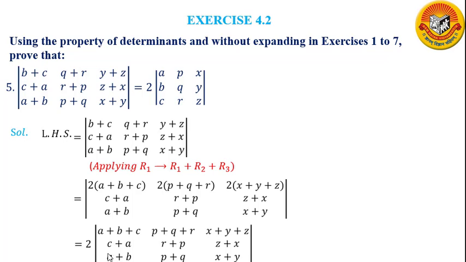Now I have to prove that this is equal to this matrix. What will we do? If you see that on R2 you apply R1 minus R2, then C and A will cancel and you will get only B, which I require here.